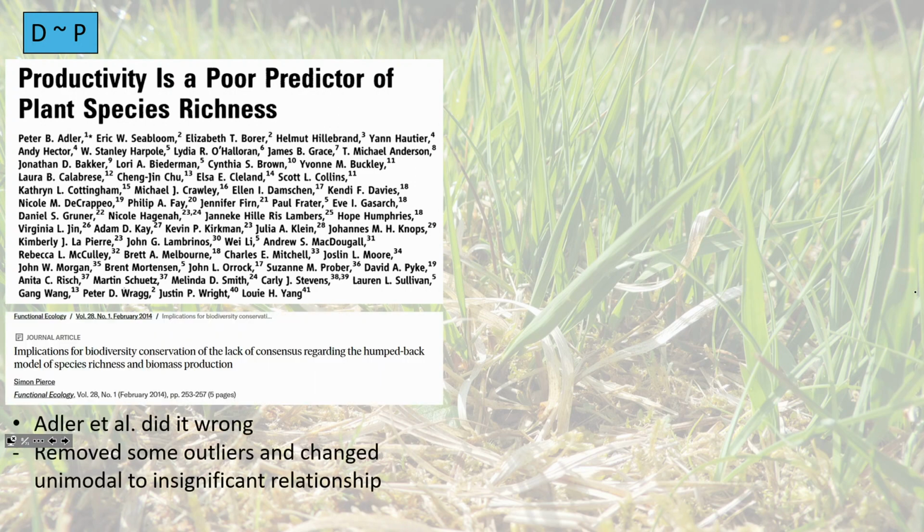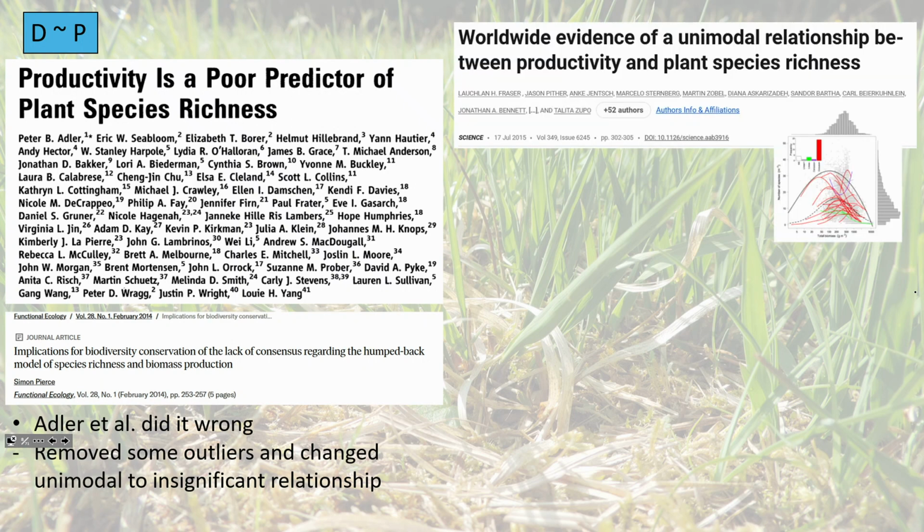Then there was another reanalysis of the same data saying that productivity is actually a poor predictor of plant species richness, and again, a response that these guys did it wrong because they removed some studies to get no relationship at all. Then you have already seen this.